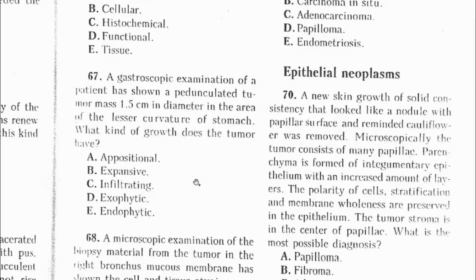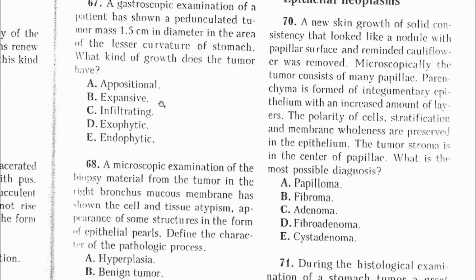A gastroscopic examination of a patient has shown a pedunculated tumor 1.5 centimeters in diameter in the area of the lesser curvature of the stomach. What kind of growth does the tumor have? All right, we have to learn this one because this is not new to us. Depending on the degree of tumor differentiation, there are three types of growth.